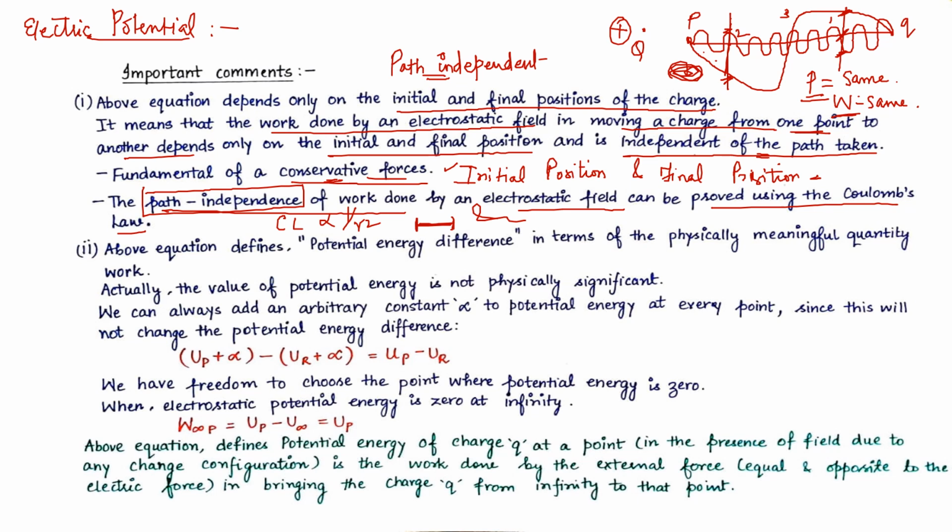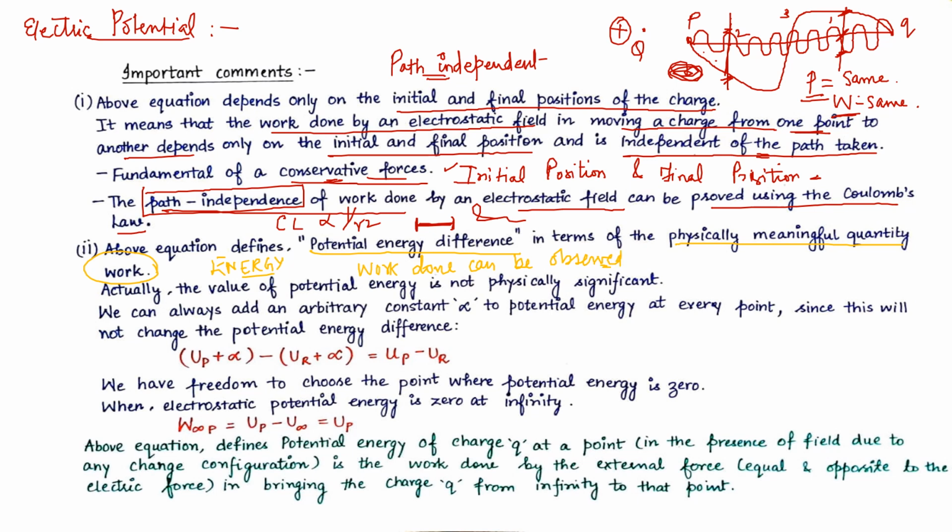Now the above equation defines the potential energy difference in terms of a physically meaningful quantity, that is work done. It is very tough to see the energy. We can feel the energy, but the work done can be seen and observed.